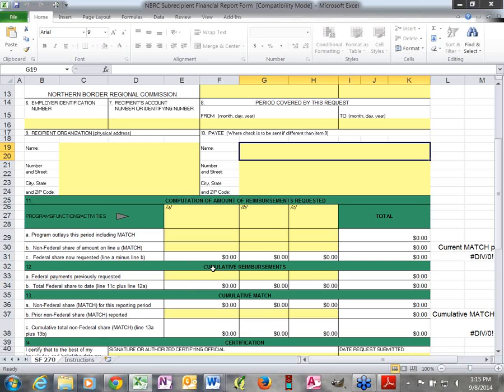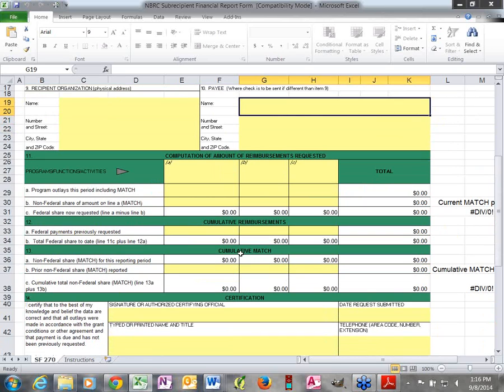The next section has to do with if you end up making more than one request for reimbursement, we'll be able to see the cumulative amounts here. So if, you know, in the past you had already requested and gotten $1,000, you plug that in here. That then will automatically get added to whatever you've requested here, and that will automatically get calculated as the total that you've requested so far in the past plus today.